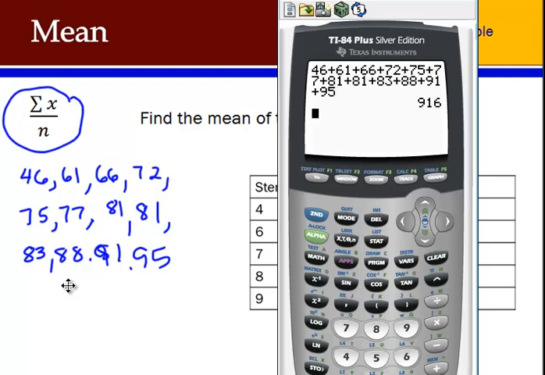I'm going to get my sum, and my sum happens to be 916.